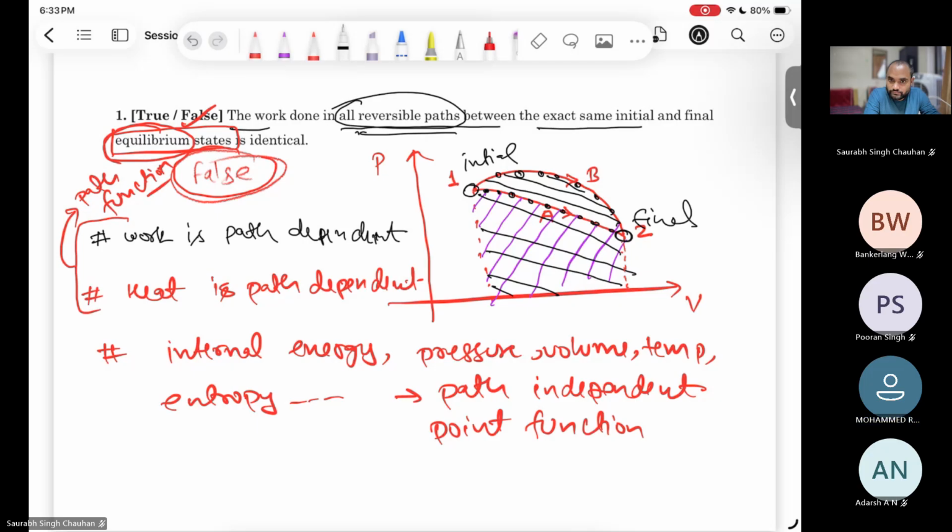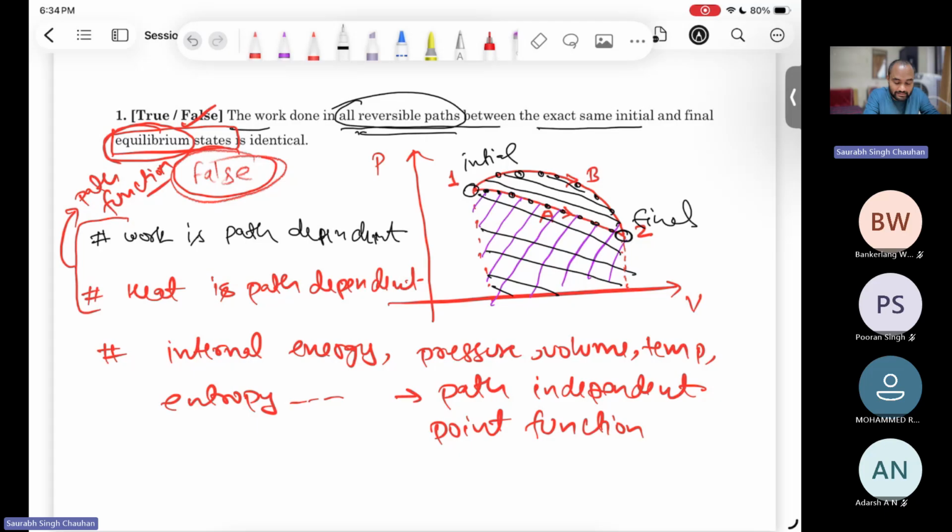If a process is happening, there is some path, and that path will be representative of that process. Work will be there. That can be zero, but work will be defined along that path.